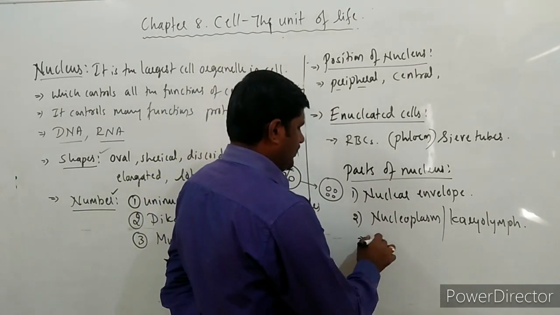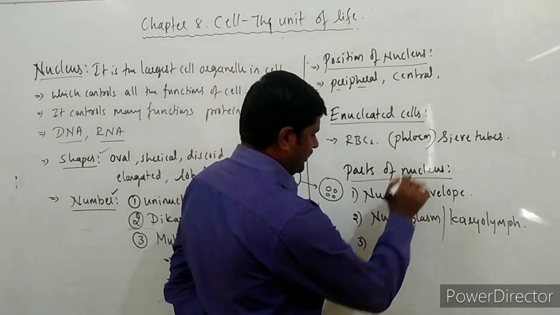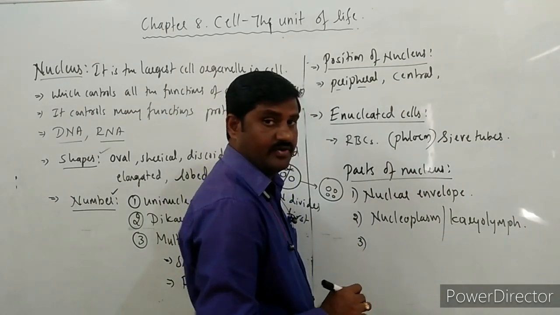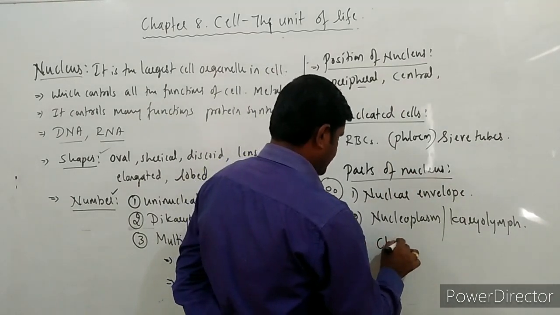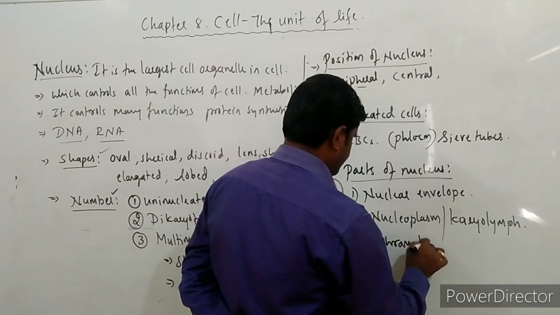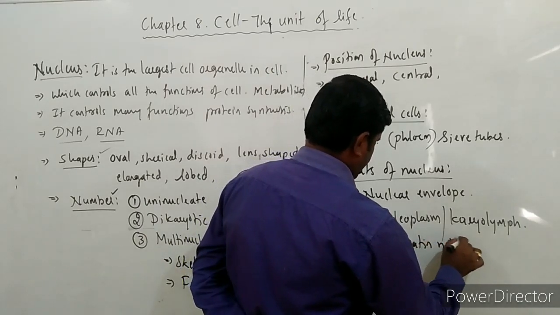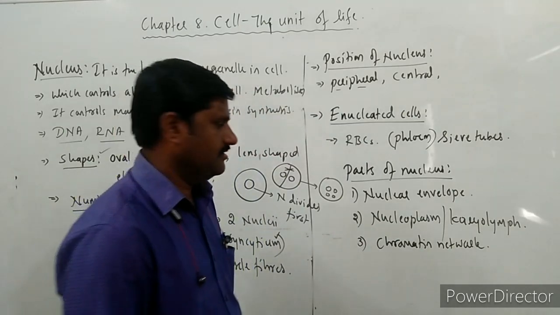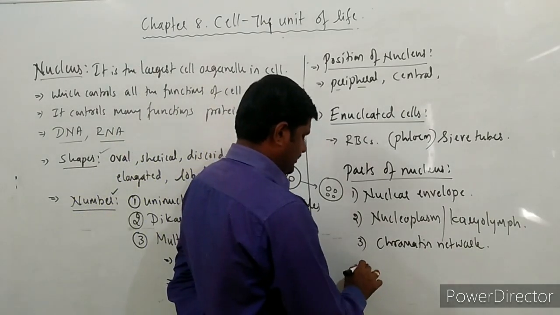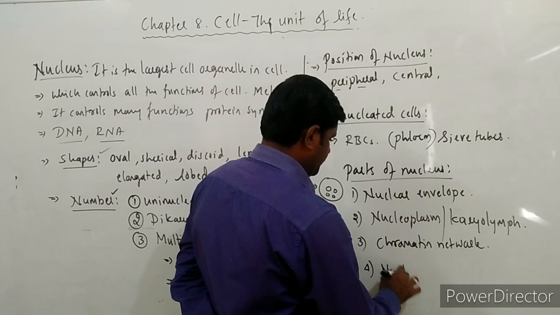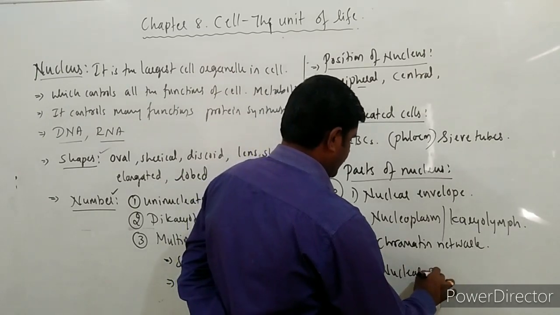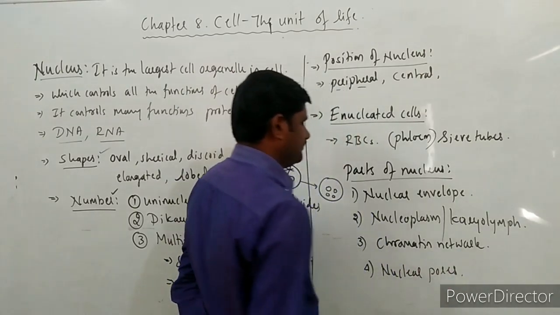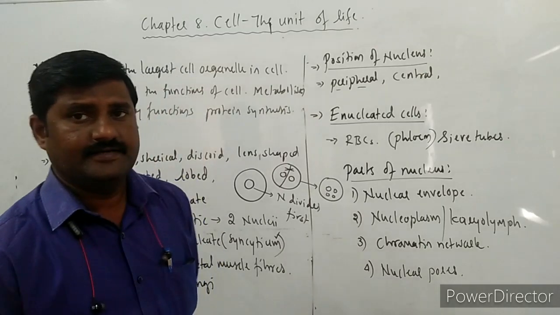And the third, a very important one, is the chromatin network. One more thing I left out is the nuclear pores. Nuclear pores are also there, right?